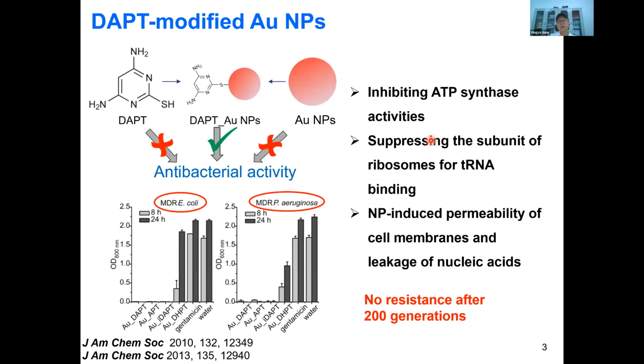If an agent has multiple ways to combat the bacteria, it's very difficult for the bacteria to develop resistant mechanisms in all those fronts. So this is, we think, one of the reasons why it's so effective.